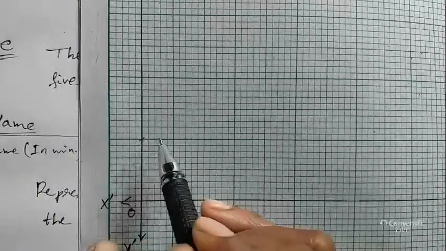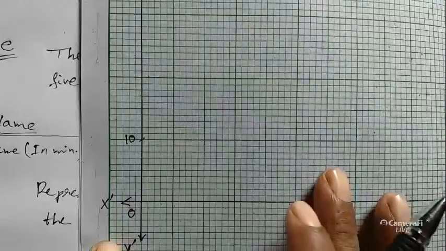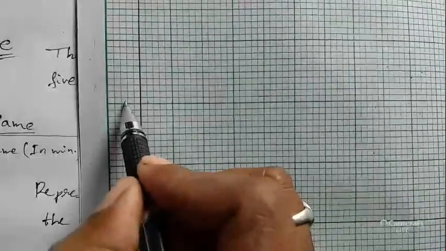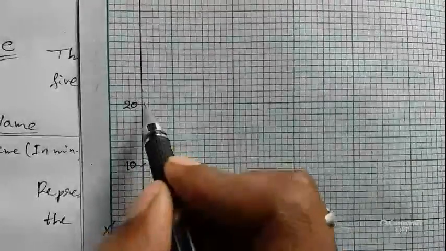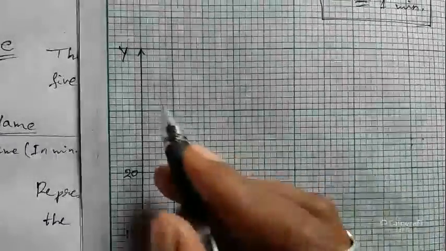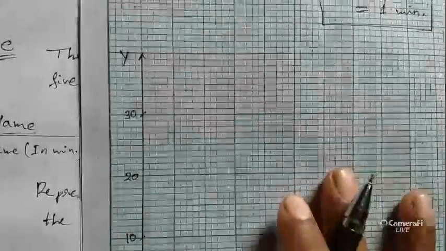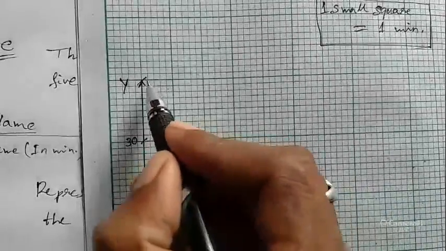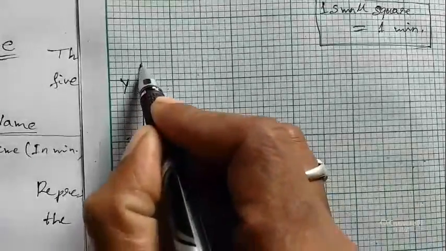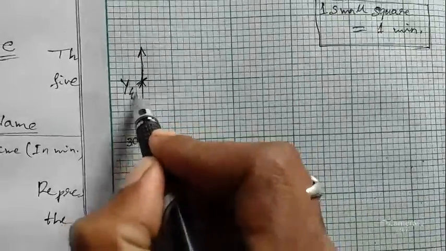This is 10 minutes, representing 10. This is 20, again 10 goes, we got here 20, that is 20 minutes. This is 30 minutes. This one is for 40 minutes. Let us produce the axis. This is 40 minutes.